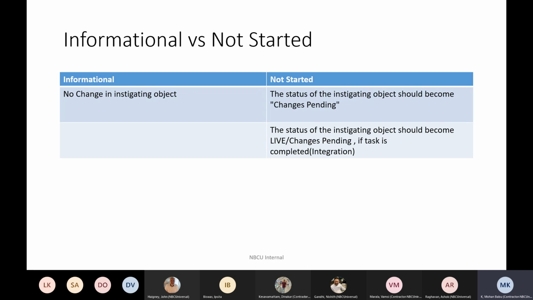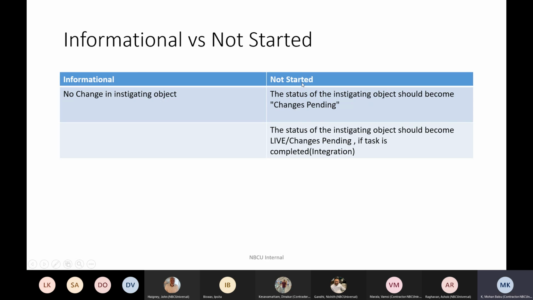What is the difference between the informational task and the not started task? If you're creating the change task tracking for a field as informational, we are not changing anything on the object from where it is being changed. Only the task will be created with the status value saying it's informational.